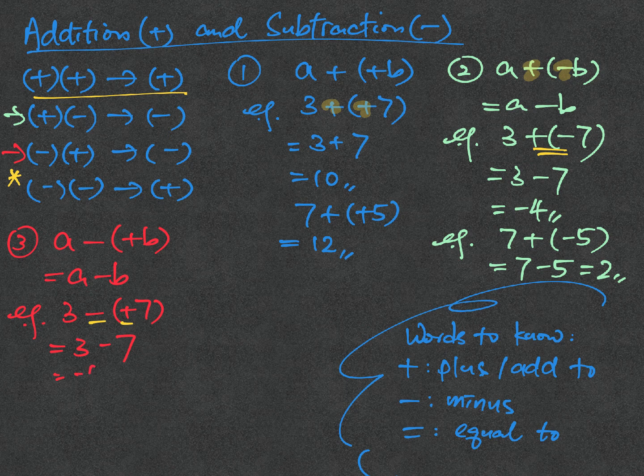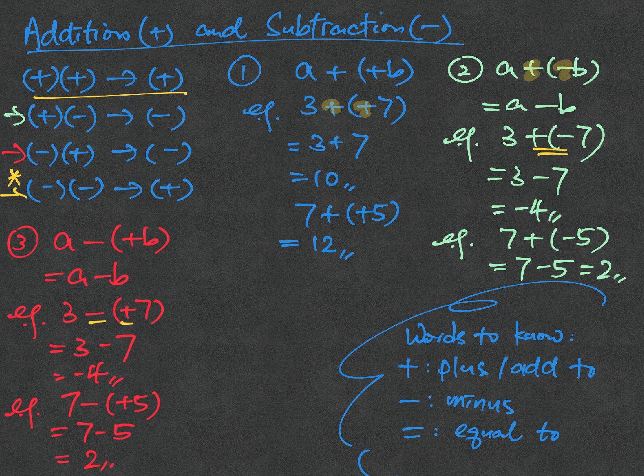As a result, it's negative 4. Next, let's have a very simple question like 7 minus positive 5. It turns to 7 minus 5, that means it's equal to 2. It's quite easy, right?